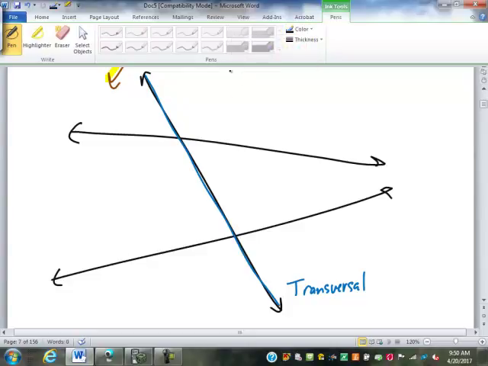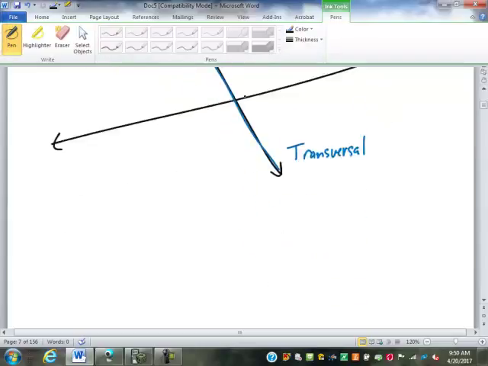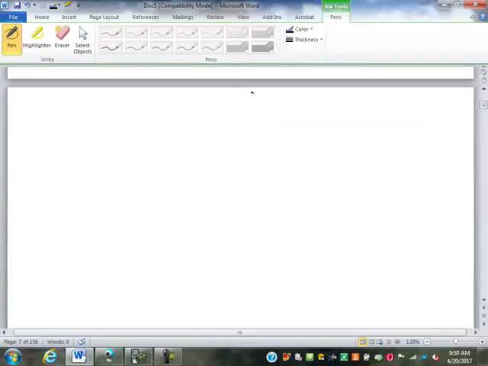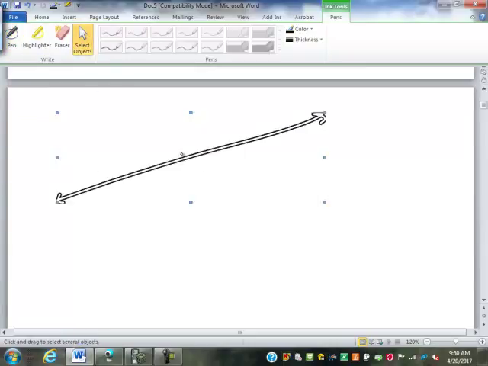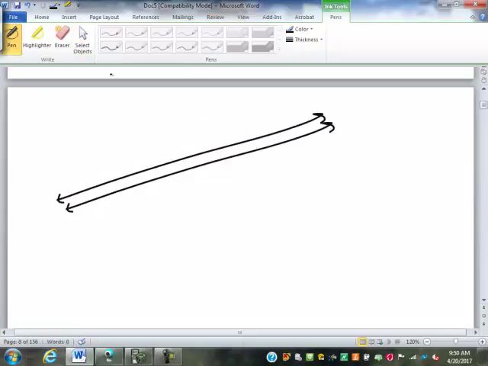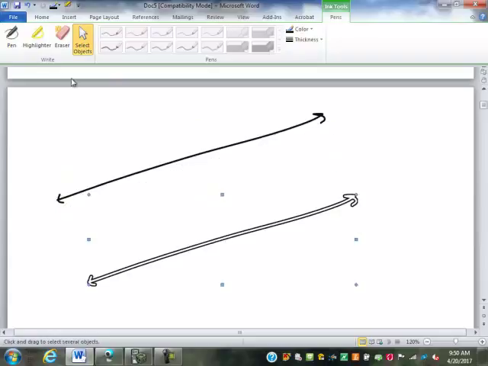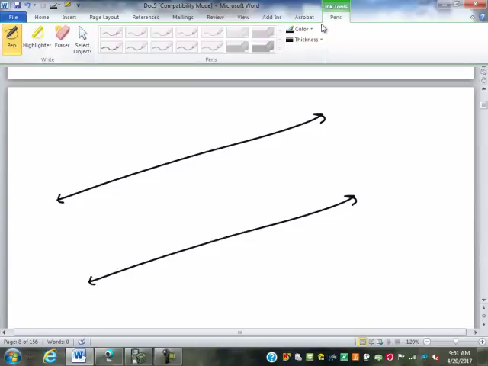This situation, however, is not terribly interesting. It's much more interesting when we have lines that are parallel. So our transversal cuts across here.